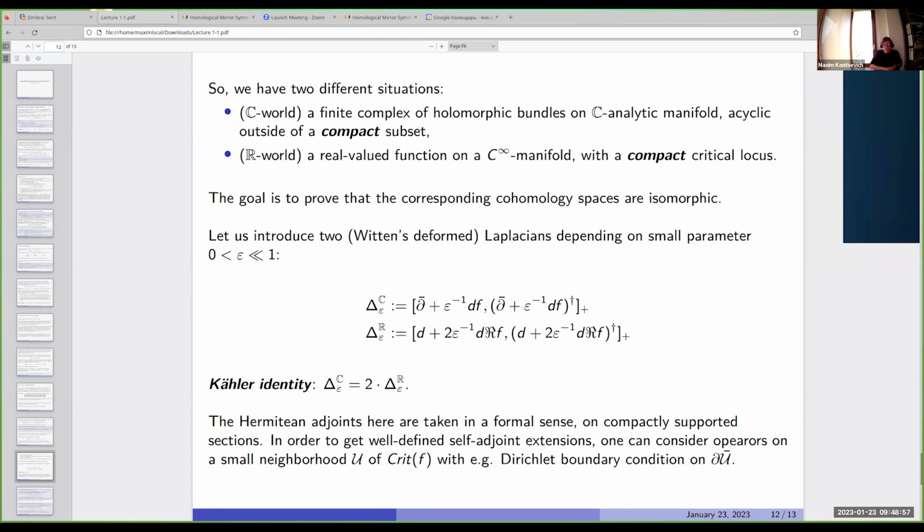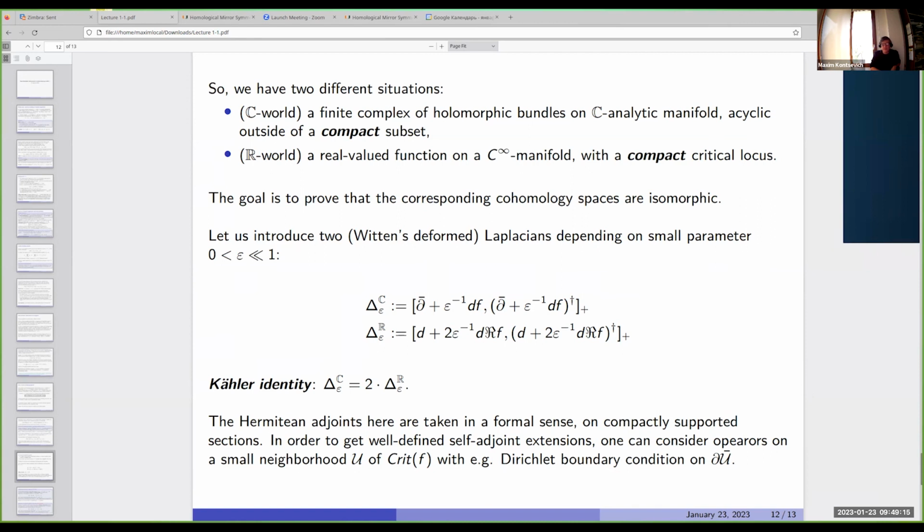What we talk about here are not actual operators in Hilbert space, because the varieties are not compact, and I didn't say what the boundary conditions are. Anyhow, the cohomology of these operators depends only on an arbitrary small neighborhood.